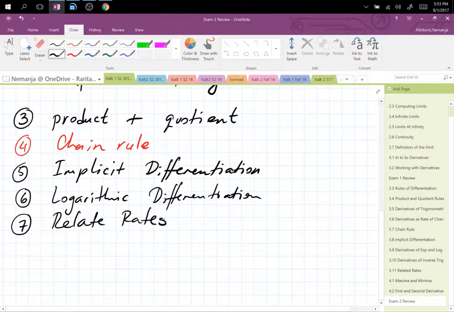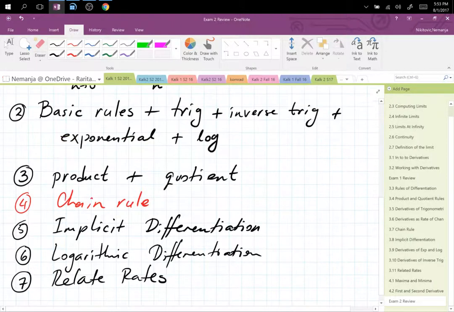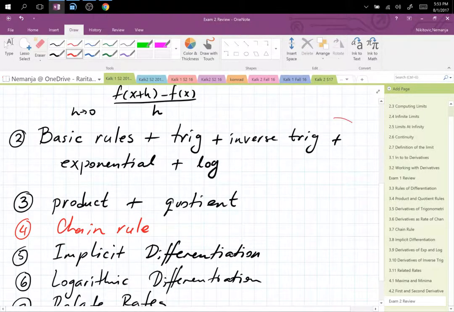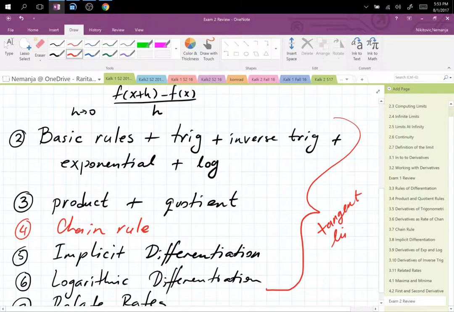That's the word problems. And actually, you know what? I'm going to start on the side. All of these include tangent line problems. For tangent line, you know that you have to take the derivative to find the slope. That could be chain rule, implicit, logarithmic, could be anything.